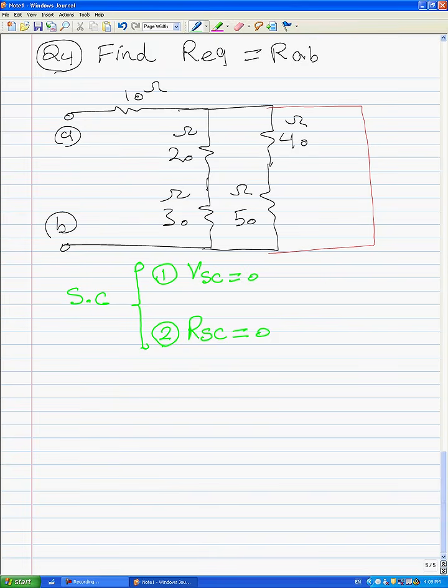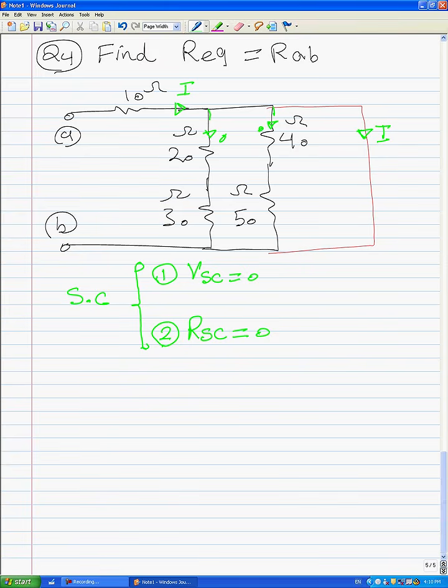That's why if we have current I here, the current here should be 0 and the current here should be 0, and the current here should be I. That's why we can say we have no current here and also no current here.